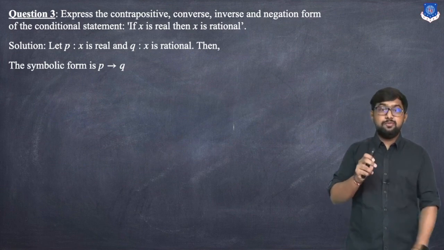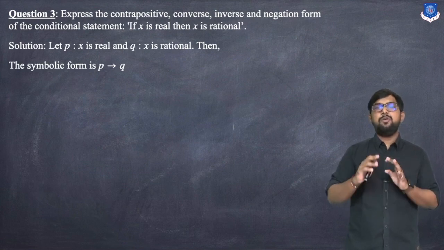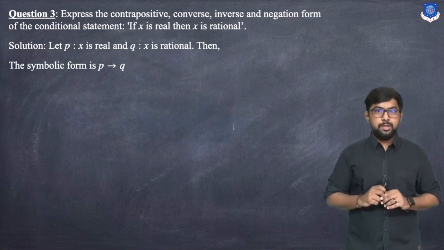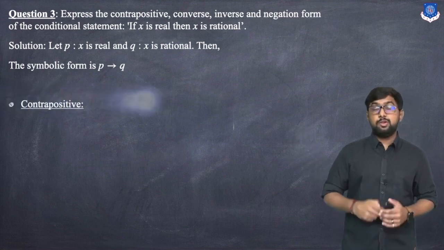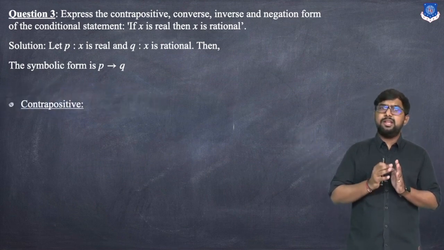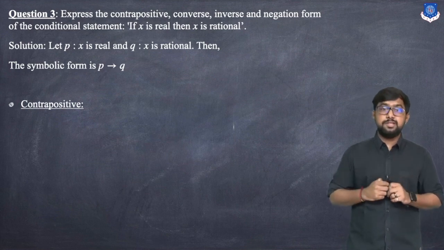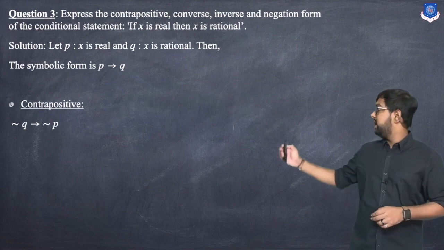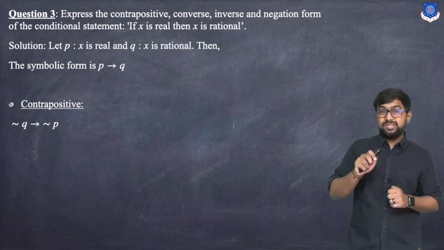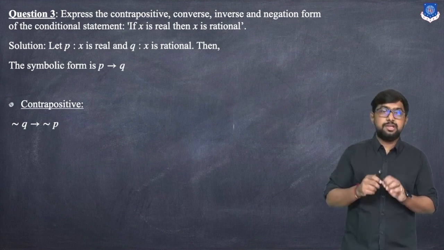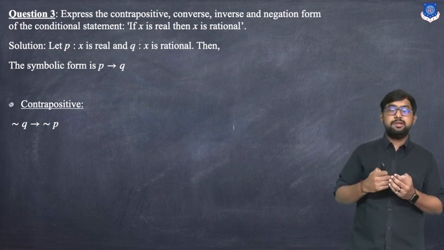Now we will find the contrapositive, converse, inverse and negation form of P implies Q. So first one, the contrapositive statement. We know that if P implies Q, the contrapositive of P implies Q is easy: it will be not Q implies not P. But the question is in statement form, so obviously we will have to write it in statement form.